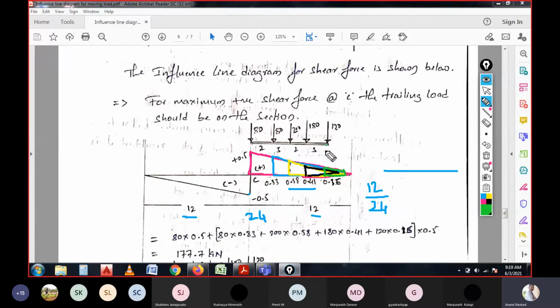First I will show you what are the triangles that are considered for the intensity of loads. So this much is more than enough to have the values.